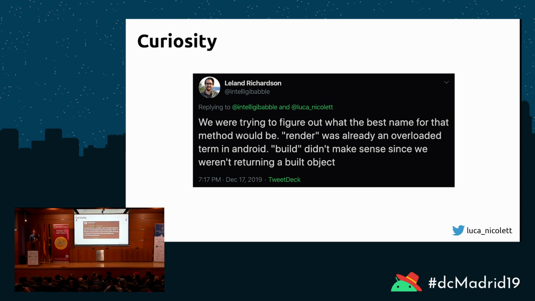So he came up with compose, like composing a letter. And they literally swapped from classes to functions without saying anything, just this change, that's it. But yeah, that was a curiosity.